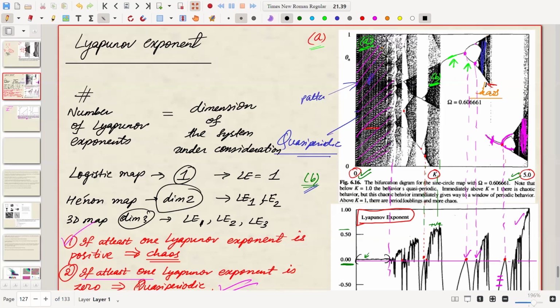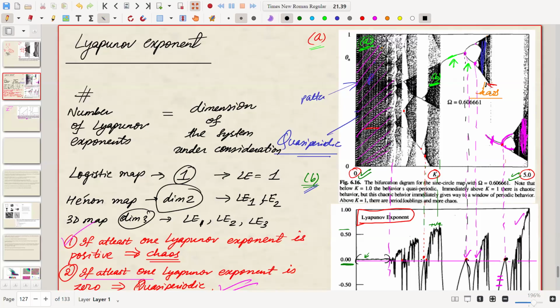There are some points where it is just touching 0 and coming back. Those kinds of points represent bifurcation points. I told you that you can match up these lines and see that this is a point that touches 0 and comes back. So these points are bifurcation points, and they don't imply quasi-periodicity.